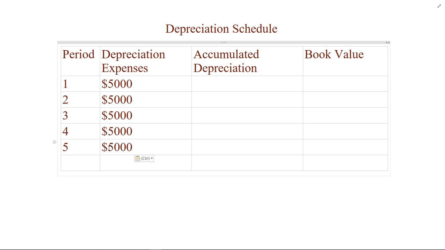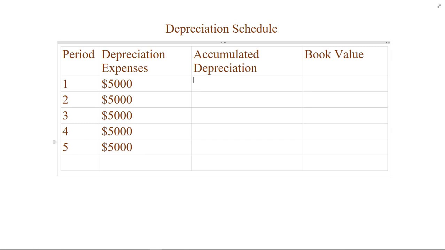So students, this is the chart which we have: the period is 5 years, and depreciation expenses are equal for every year, since this is the straight line method, calculated from the formula asset cost minus estimated salvage value divided by estimated useful life of the asset.